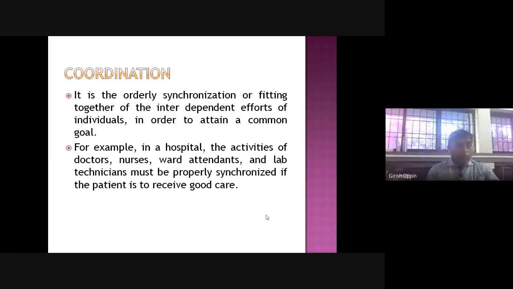Whatever the doctor is doing, the nurse will coordinate related to the patient situation, and all the other ward attendants and lab technicians, in order to achieve the common goal of giving good care, work together. They coordinate and provide information to each other. That is how they work together as a team.